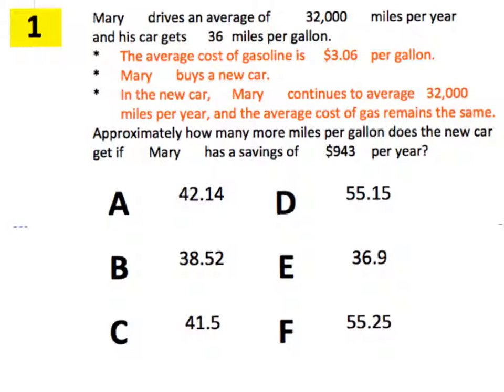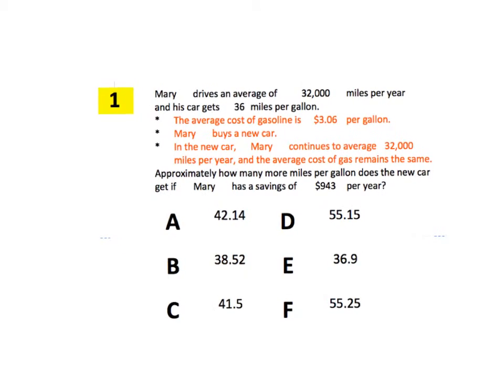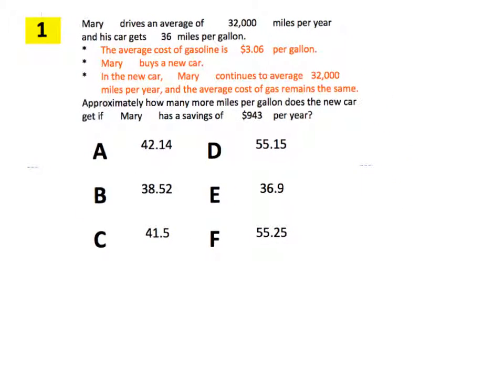Okay, our first move. How far down can I scroll that and everybody still see it? I think that's good. Okay, so where are we going to start? What's the first thing that we have to find?